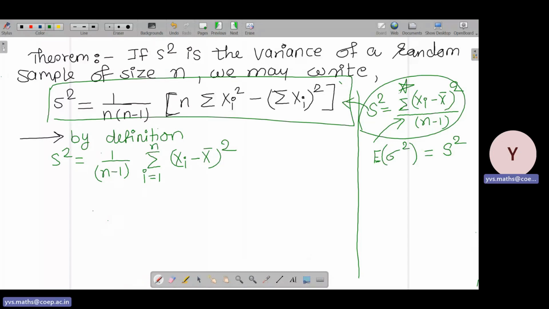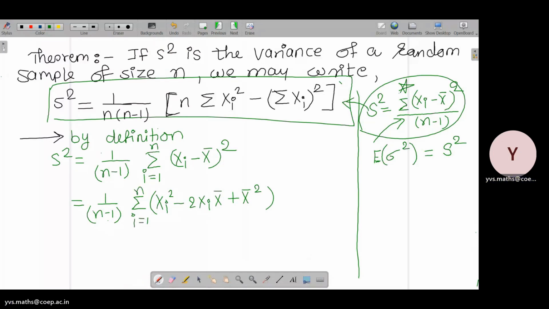Now the same thing we can write as 1 upon n minus 1 into summation xi square minus 2 xi x bar plus x bar square. What we did is just expand the square: xi minus x bar whole square is expanded in this form.